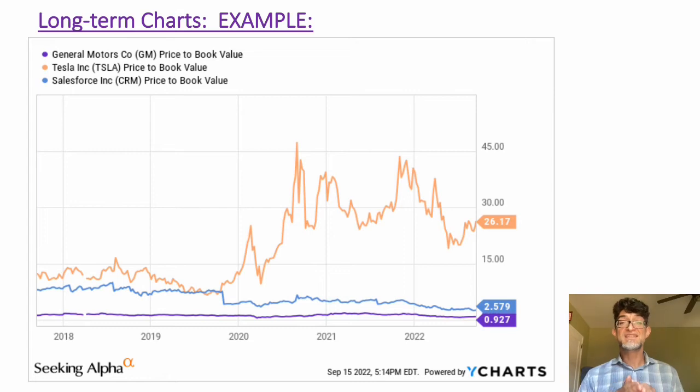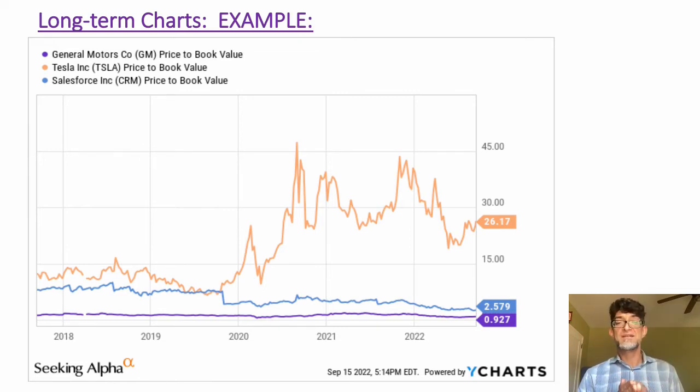Like Tesla stock's gone down a lot, but why is it a 26 price to book value? Is it overvalued? I expected it to be much lower because Tesla has positive cash flow, and all that cash is going on the books, right? So that should be lowering its price to book value.